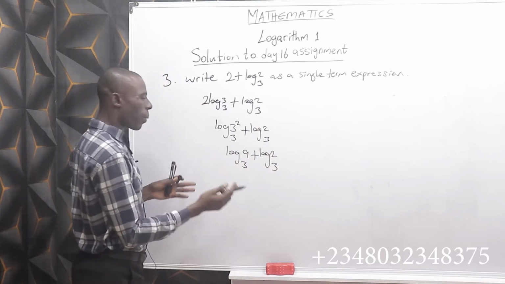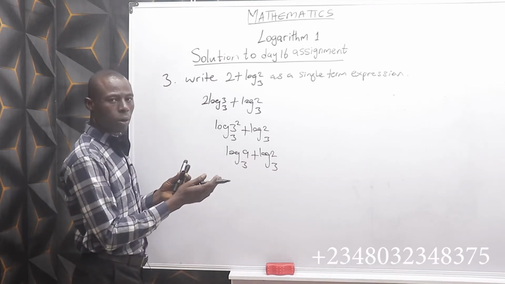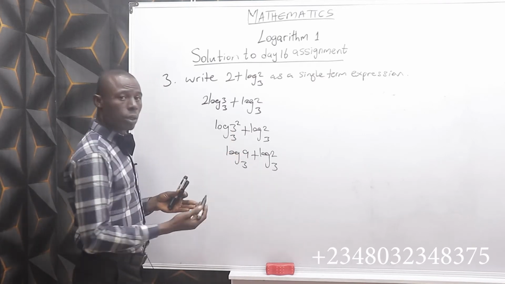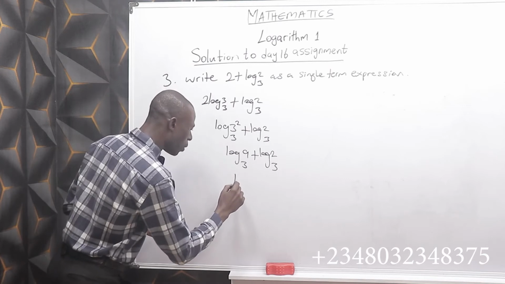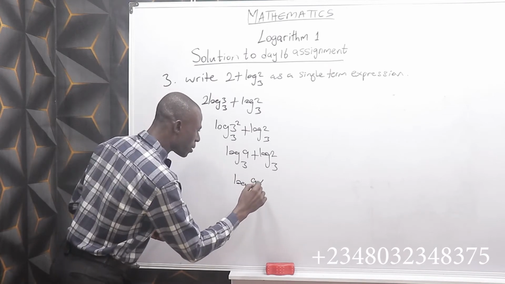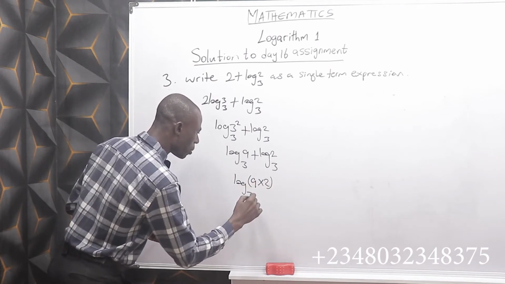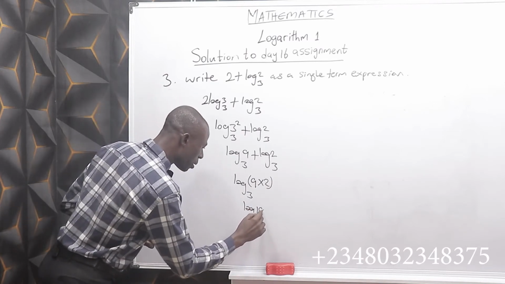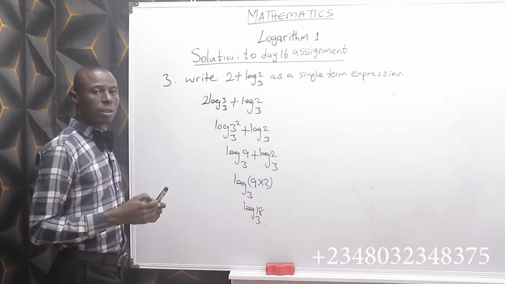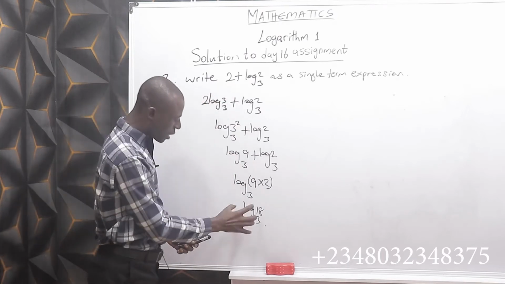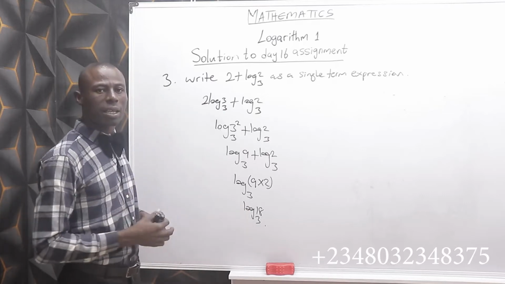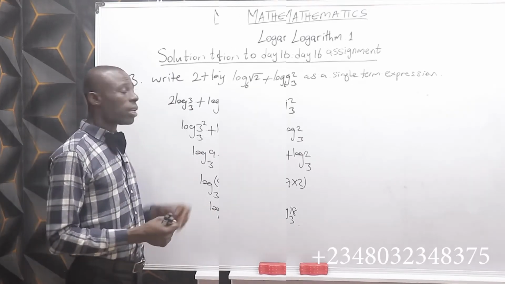Here we can now apply the common law of addition changing to multiplication since they are having common base. So we have log 9 times 2 in bracket base 3, which is log 18 base 3. That's the answer. You have written this as a single term expression. So that is what the question is all about.